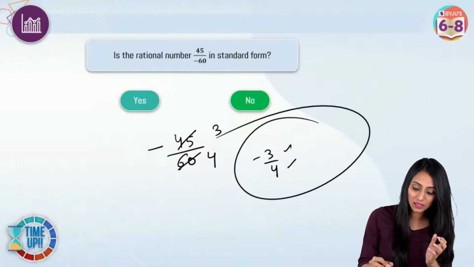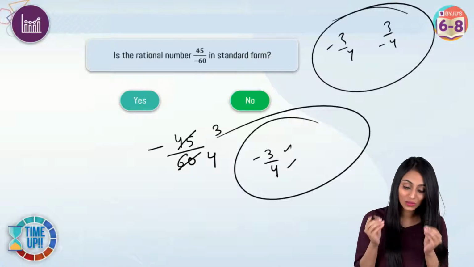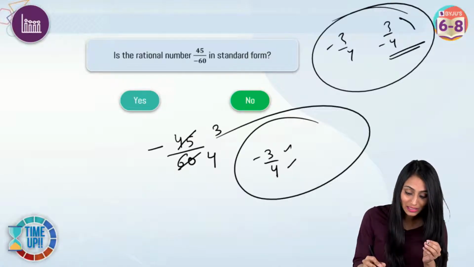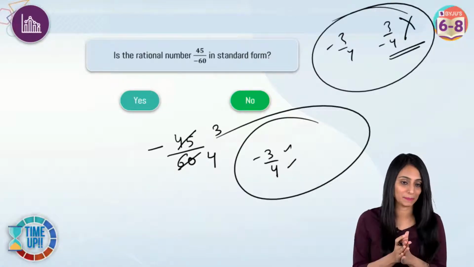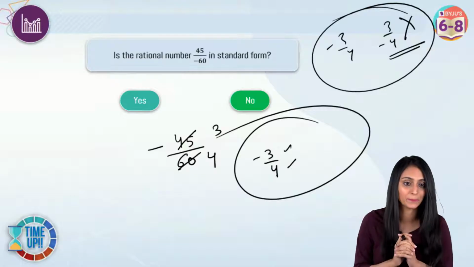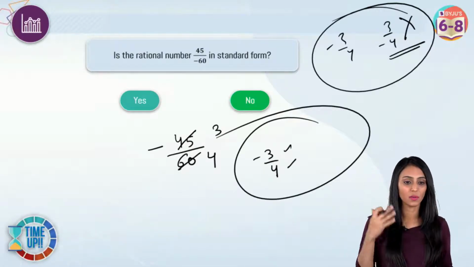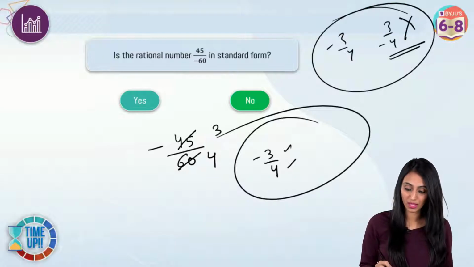Yes, minus 3 by 4 and 3 by minus 4, they are the same. But the only thing is, this is not in the standard form. They mean the same thing. Yes, Sonali, I hope this is clear now. I've explained it one more time. Yes, that means simplest form, lowest form, you can say.